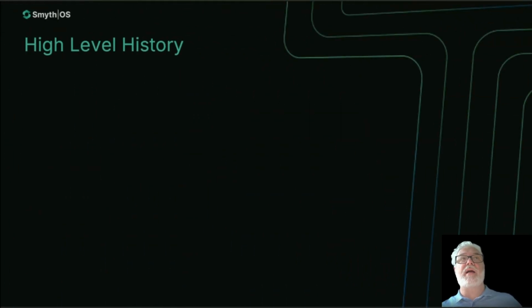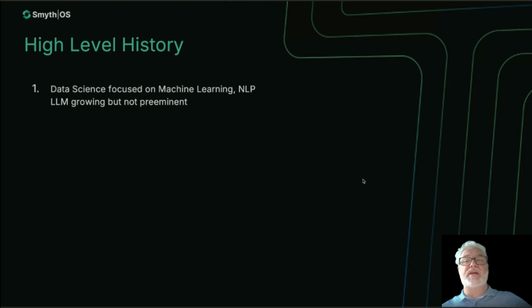So generative AI, one thing that's important here is I want to provide a high-level history. Where do we come from and how did we get here? The first thing to understand is that AI is not new by any stretch of the imagination.